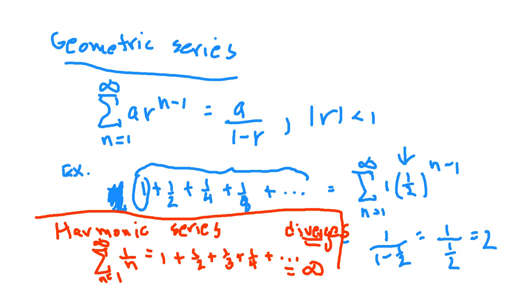Jonathan, if the absolute value of R is greater than 1, then the geometric series would diverge. That's correct. All right, so let me go back to our examples.